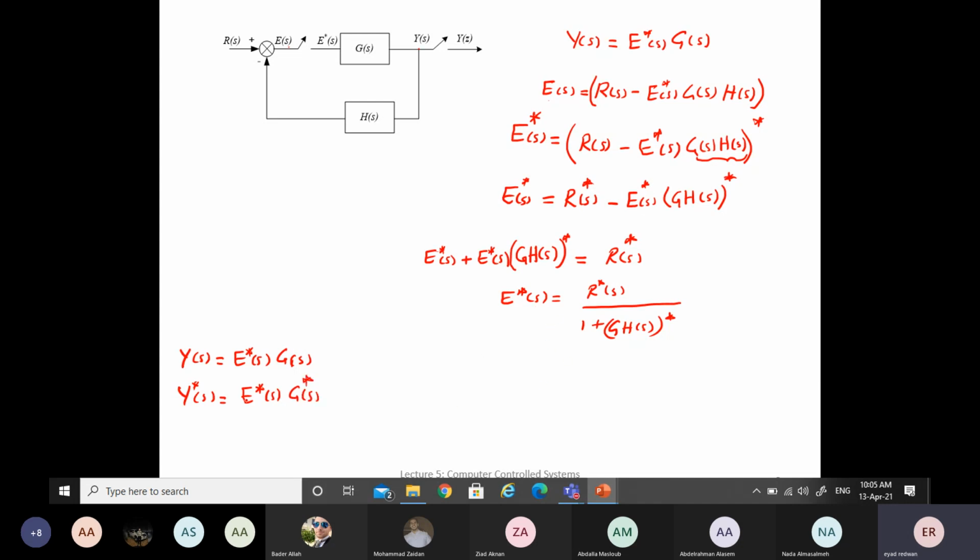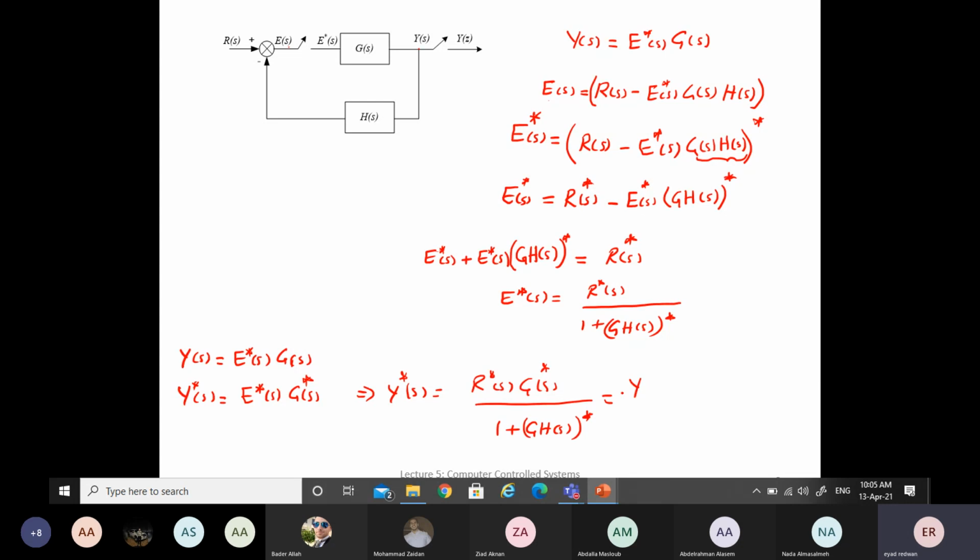So if I replace E star from this equation, you can get Y star of S equals R star of S G of S star over 1 plus GH of S star.